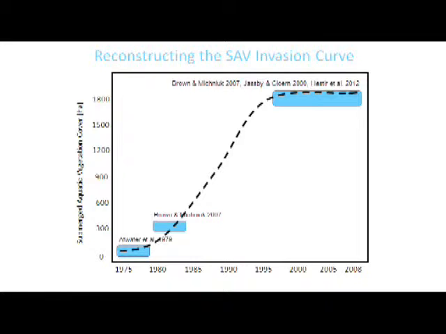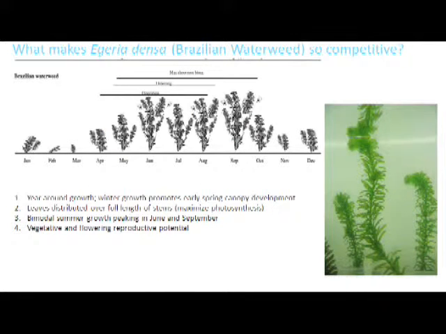I can't remember how to pronounce his name, but their studies from the 1970s to the 1990s show very low levels, and then at some point around the late 1980s or early 1990s, these invasive submerged species really took off and reached a maximum.